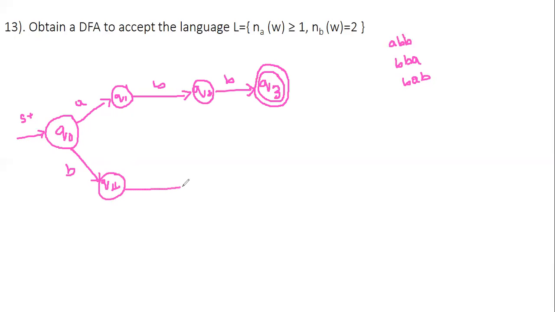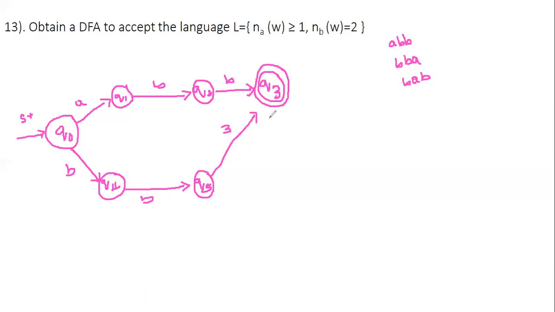So BB, if it is there, then it will come to Q5. I will tell you why we are designing like this. This is not so simple. Then if you find A, observe it, from here we directly send it to Q3. Here, BBA exactly, like this.